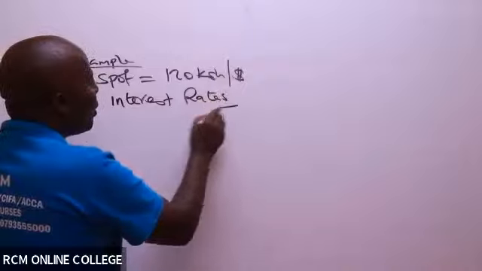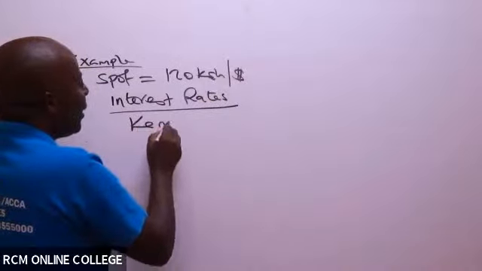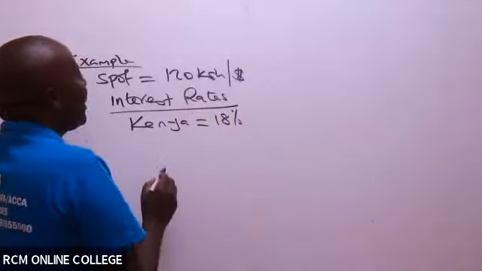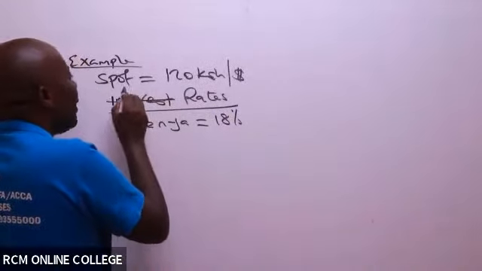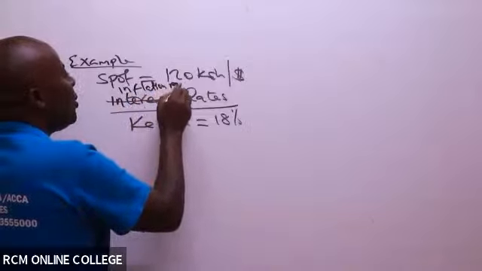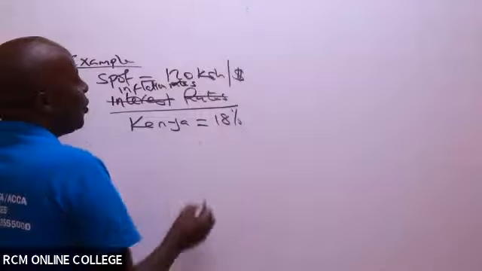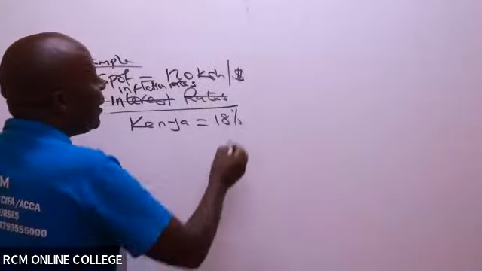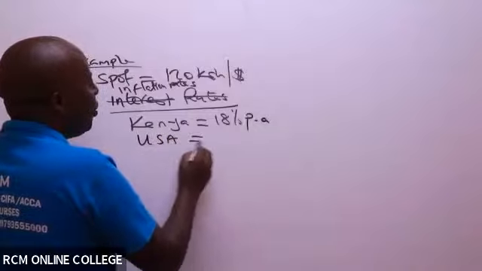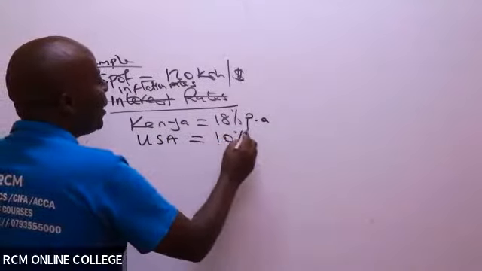Interest rate in Kenya, 18%. Not interest rate, but inflation. Sorry for that. Inflation rates. Here we are looking at the purchasing power. So Kenya is 18% per annum. And then we have USA. USA is 10% per annum.